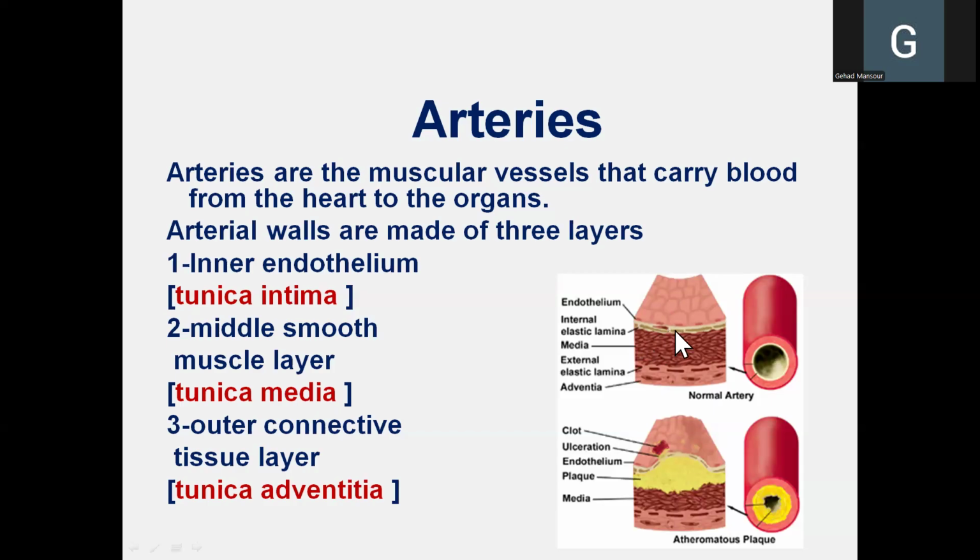So inside the tunica intima, we have an elastic lamina. Lamina means a very thin layer. And since it is an elastic lamina, it is a very thin layer made of elastic fibers. Moreover, in the outermost layer, the tunica adventitia, we will have an external elastic lamina. So arteries are rich in elastic fibers.